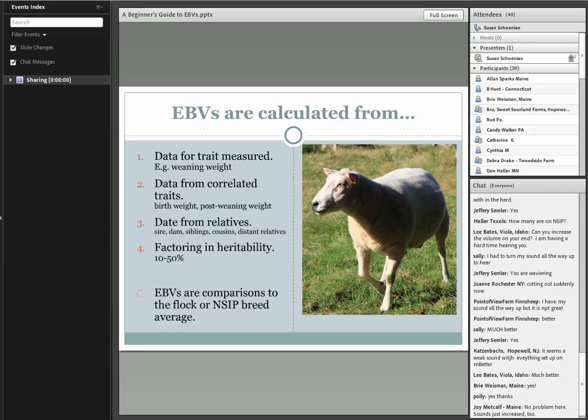If you have genetic linkages with other flocks, with other producers, then that EBV is going to compare you to the breed average. If you have a ewe that has a number of lambs born EBV of 10, that means her lambing rate is 10% above the average for that breed.